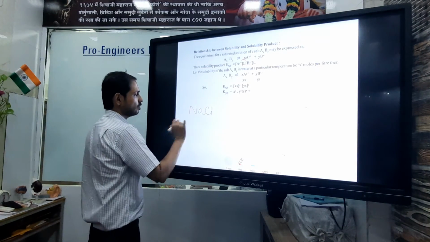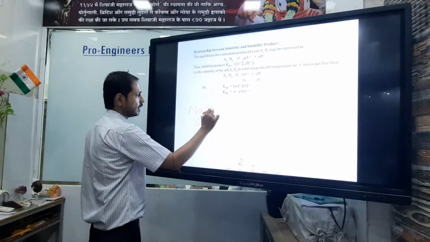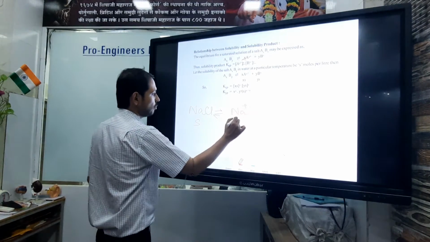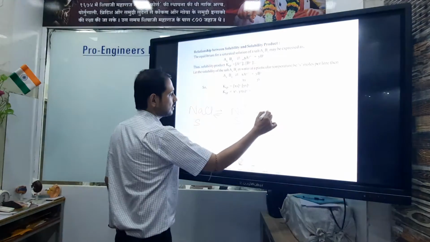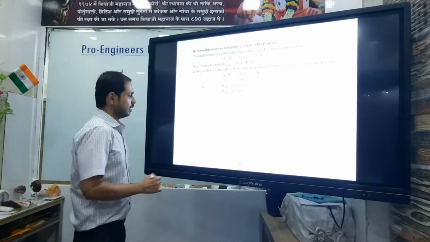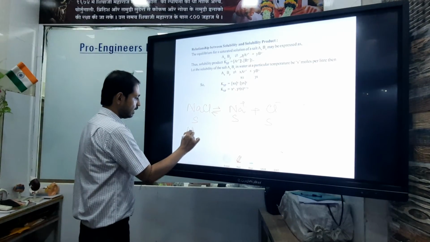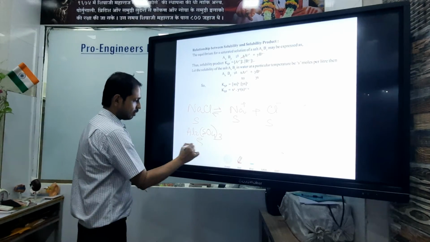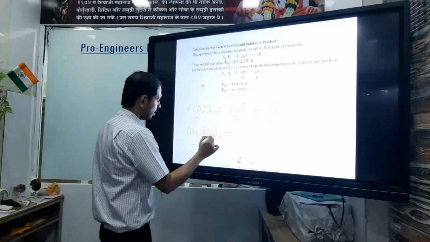Suppose we dissolve sodium chloride, S moles. After dissociation it will give S moles of sodium plus and S moles of Cl minus. But if we dissolve Al2(SO4)3 and dissolve S moles, how much will we get?